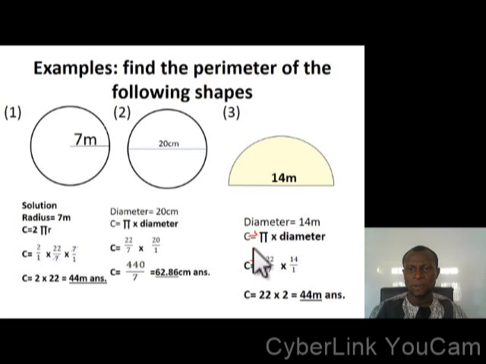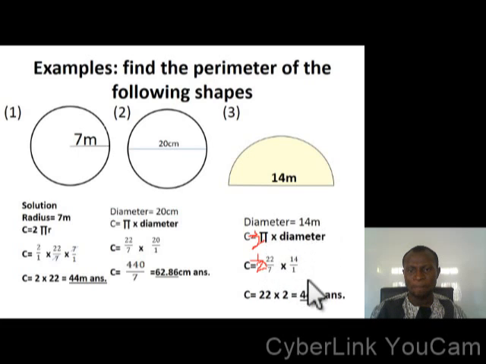1/2 pi times diameter, because it's a semicircle. I hope you are following. So therefore, we can now say circumference of the circle, half. What's 1/2 times the pi, which is 22/7, times the diameter, which is 14.